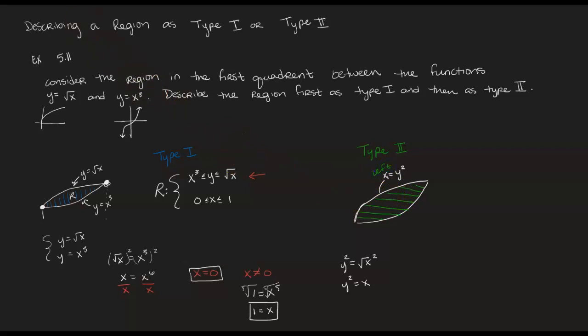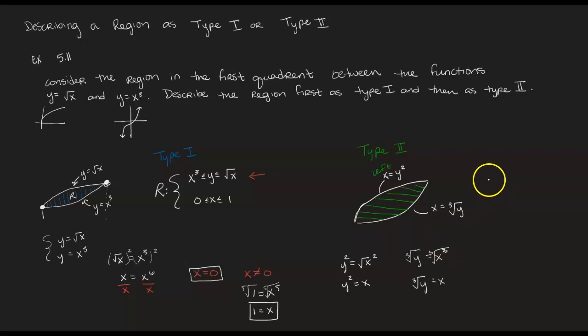The right function is the y equals x cubed, but we need to reevaluate the way we're looking at that function. We need to solve it for x. So that would become the cube root of y. So then the right function is going to be x equals cube root of y.